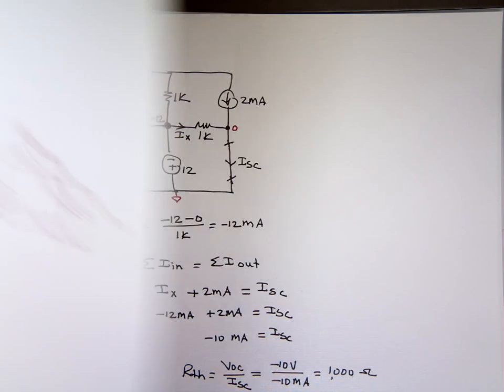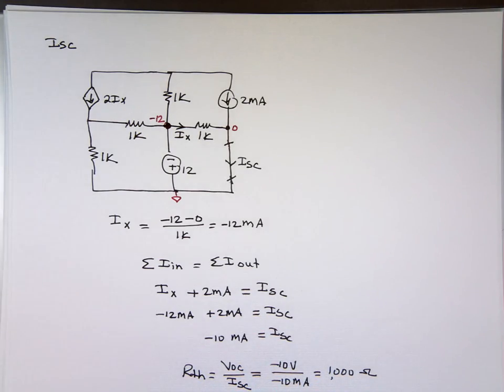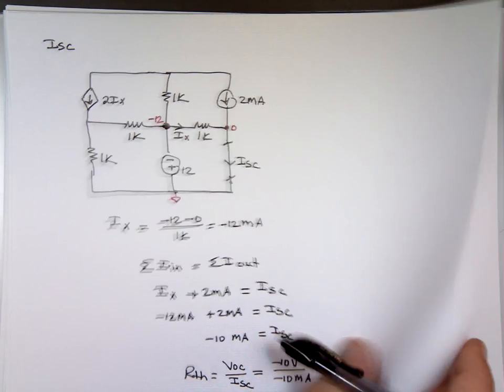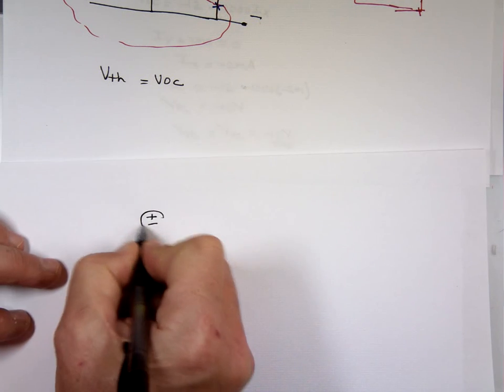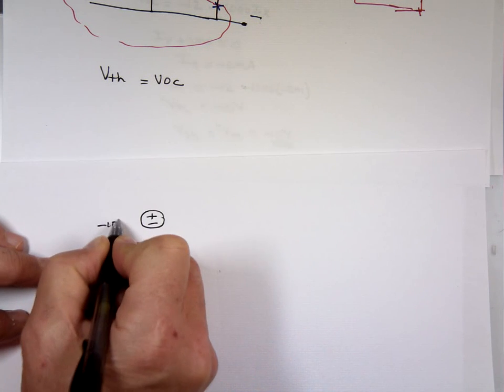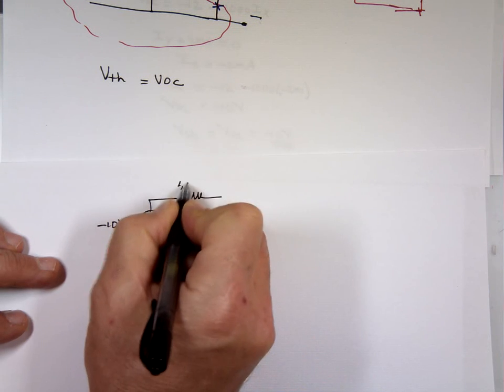So now this ugly circuit that you see here, in a couple of simple steps, I'm replacing with a voltage source of negative 10 volts, right? R Thevenin, which is what? 1,000.